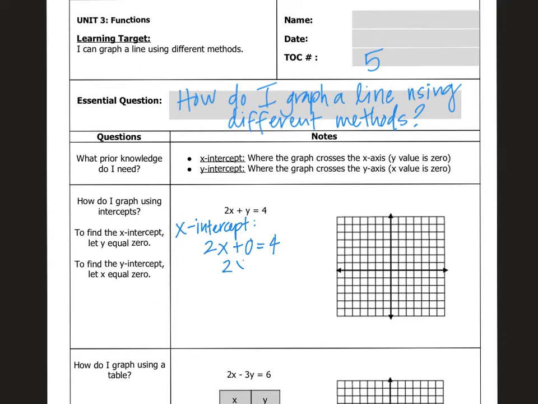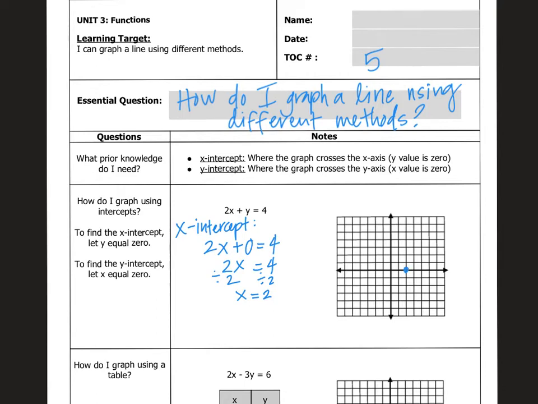So I have 2x equals 4. And when I divide by 2 on both sides, I get x equals 2. So that's my x-intercept, so I'm going to put a point on the x-axis at positive 2.